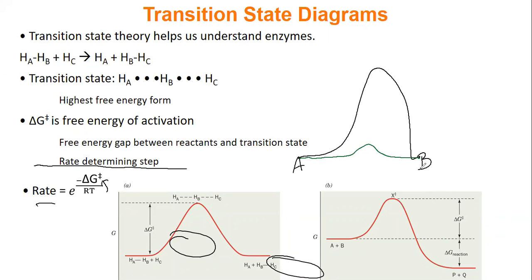Obviously, green would be faster if you're running. It's the same idea with enzymes, right? If I lower this hill, I can make it across that hill faster, and I can do my reaction faster. That's what an enzyme does. It lowers the energy of the transition state. Because remember, the top of this hill is our transition state. So it's lowering the energy of the transition state.